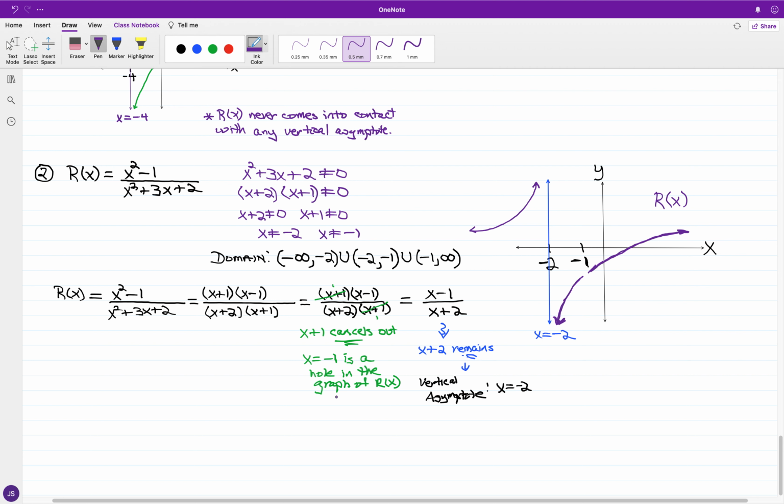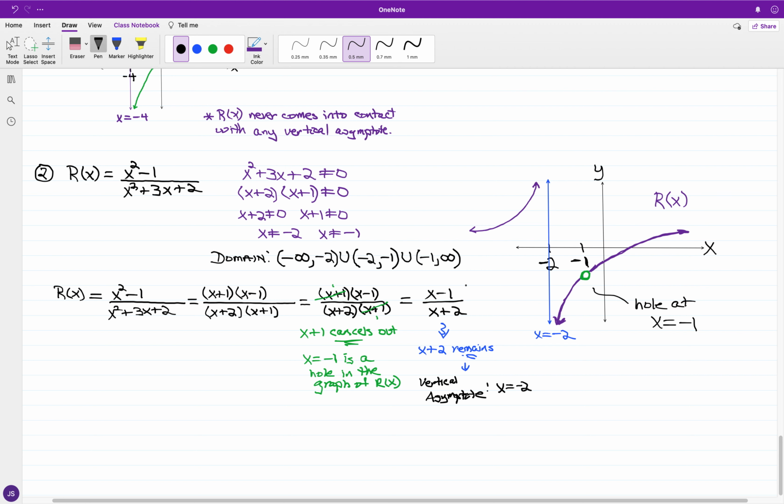Now for x equals negative 1, we're going to have a hole in the graph. This particular arc is going to run continuously, but for that one, you're not going to run continuously starting from the right of the vertical asymptote, because once you start from the bottom into the left, once you get to negative 1, there's going to be a section of discontinuity. So you're going to have a hole located at x equals negative 1.